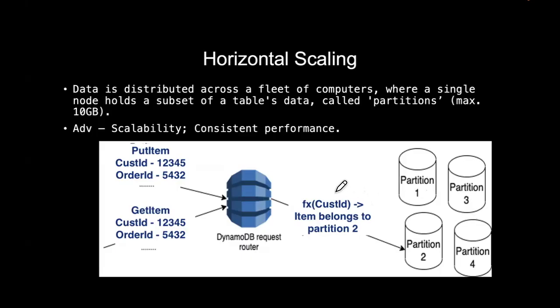So that's the role that this partition key part of the primary key plays. We don't need to worry too much about it. We're not going to get heavy into database design, but you do need to be aware of the significance of this partition key.